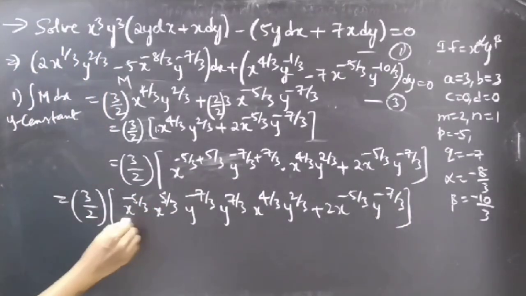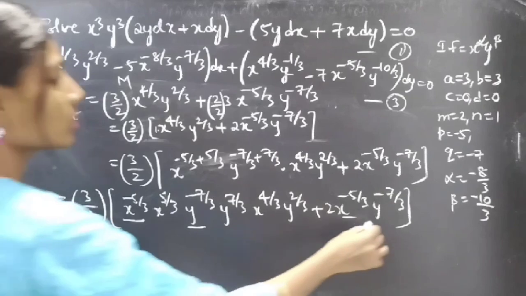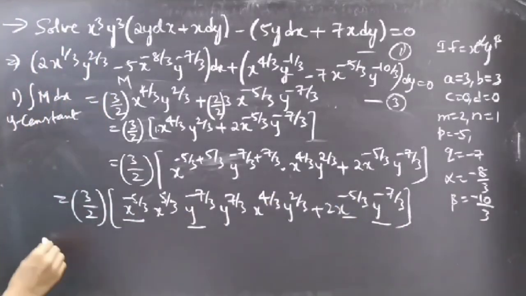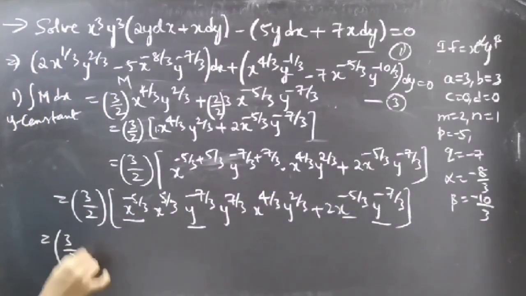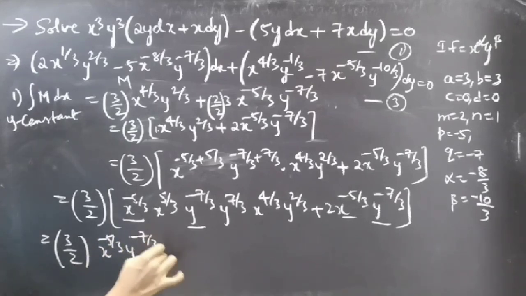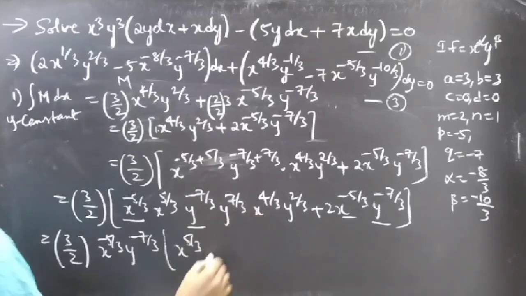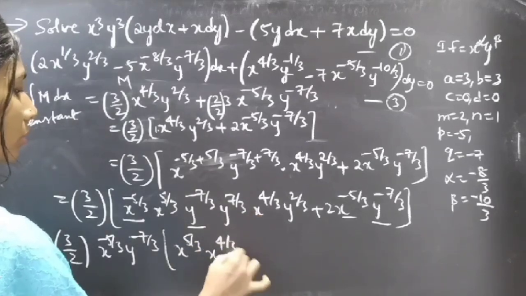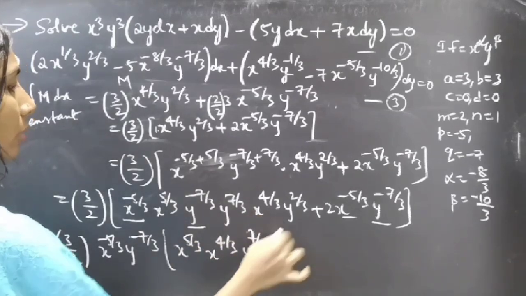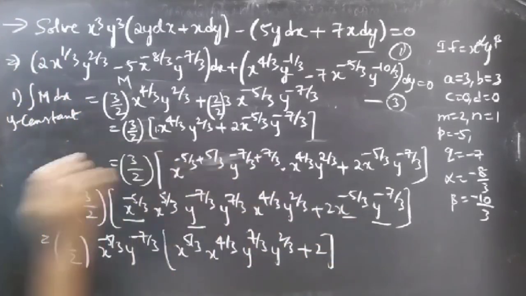Now take x power minus 5 by 3 and y power minus 7 by 3 common from these two terms. We'll get 3 by 2 into x power minus 5 by 3 y power minus 7 by 3 into x power 5 by 3 into x power 4 by 3 into y power 7 by 3 y power 2 by 3 plus 2.